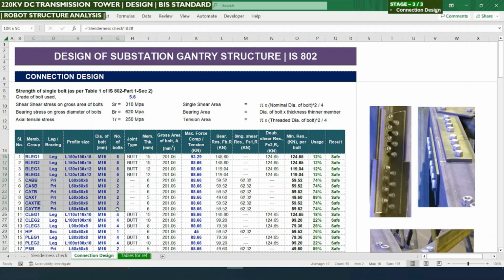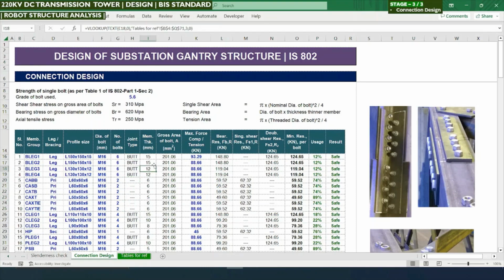All this blue colored text are the input values or variable values we need to feed here. If you are selecting a leg member here, then the joint type will be selected as butt, and for the other bracing members there is no need to mention any joint type.